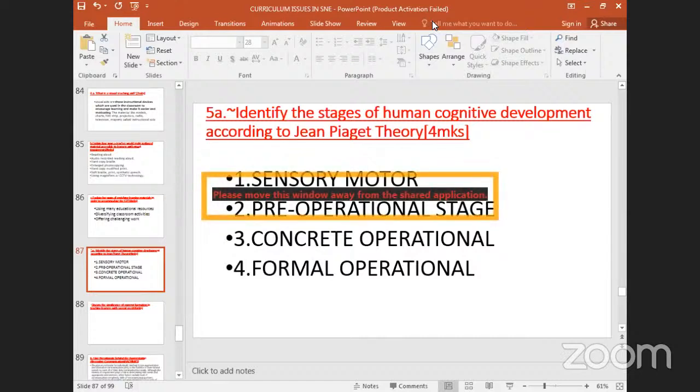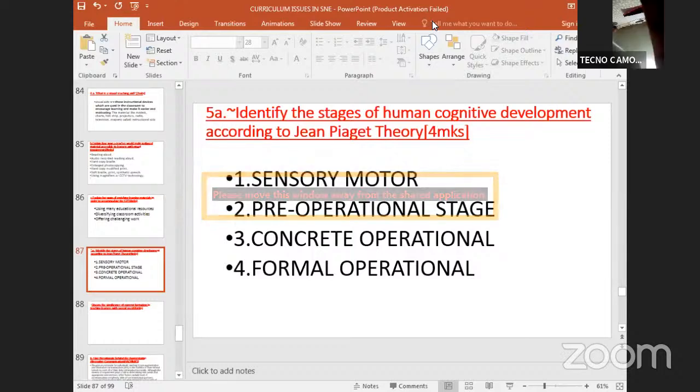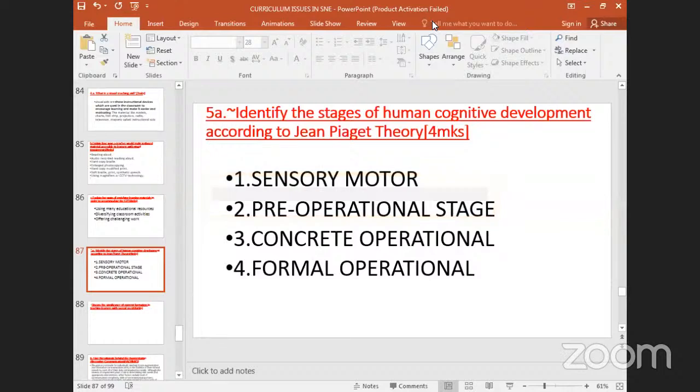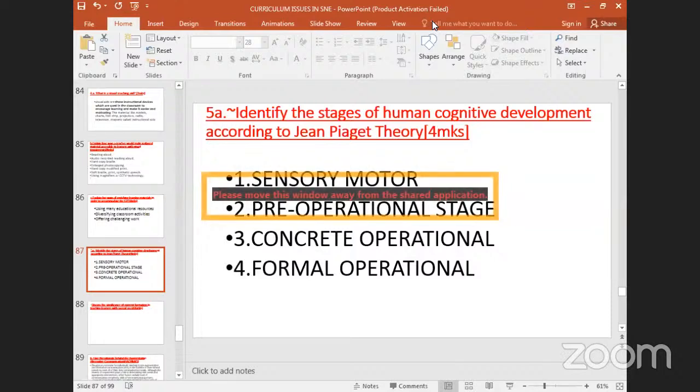Remember we said sensory motor is between ages 0 to 2 years. And the pre-operational stage, we said from between 2 and 7 years. Concrete operational, we said age 7 to 11 years. And then formal operational was 12 and above, 12 plus years.